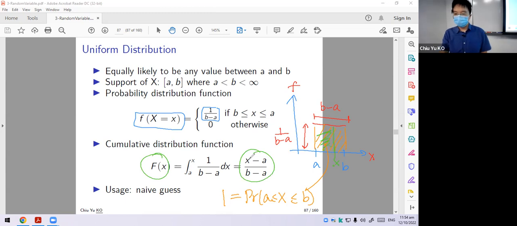Actually, you don't need high school math, primary school math would do. The base is x minus A, the height is 1 over B minus A, so you multiply. This is just primary school math.